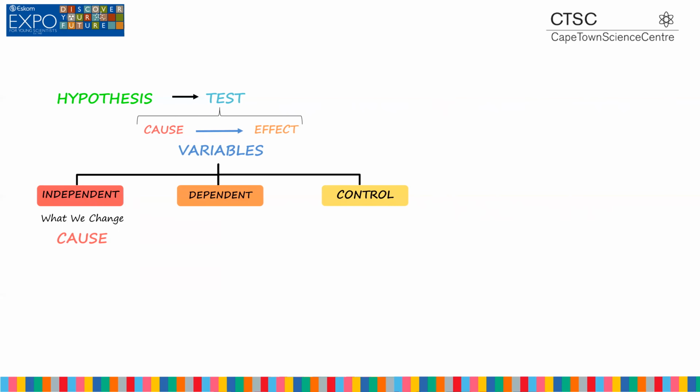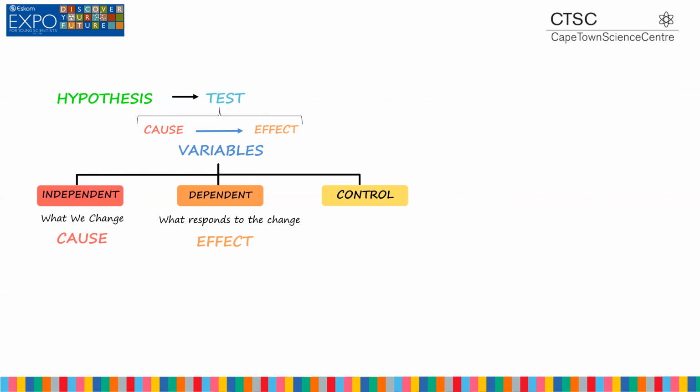So for instance, if I was going to do an experiment asking, does the amount of time I spent studying improve my pass mark in the course? What is the cause? What's the thing that I choose the value of? What's the thing that I can change? It's the amount of time that I study. I choose, well, I'm going to study 5 hours a day. That's my cause.